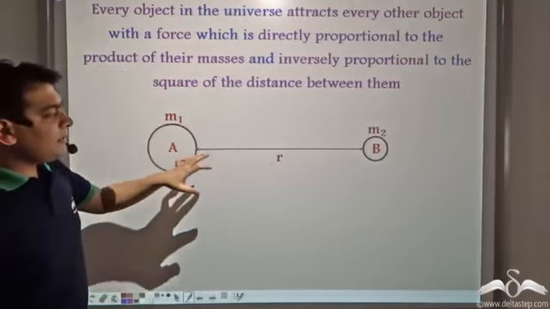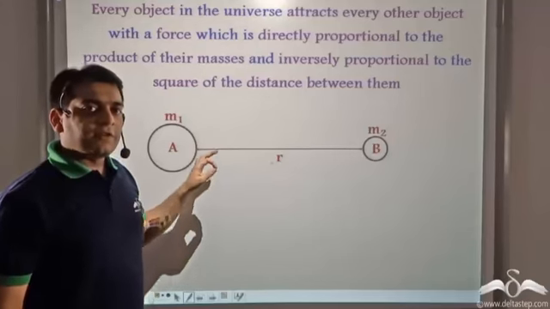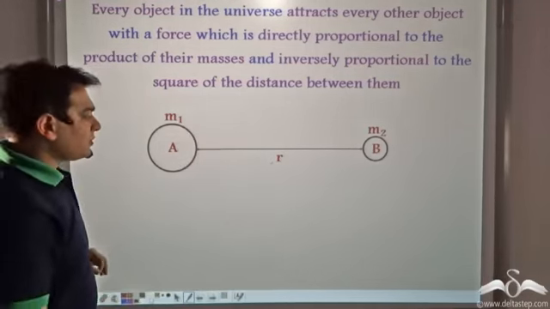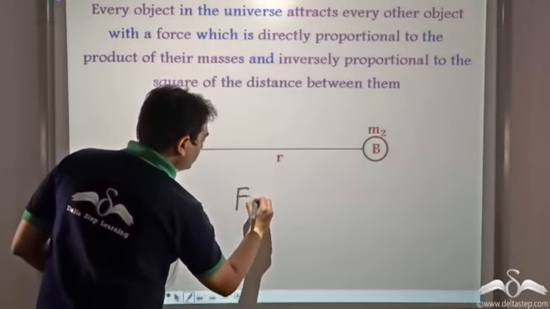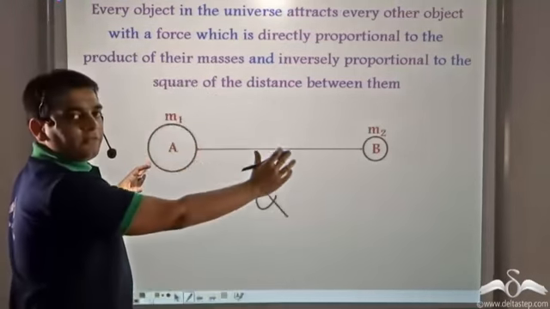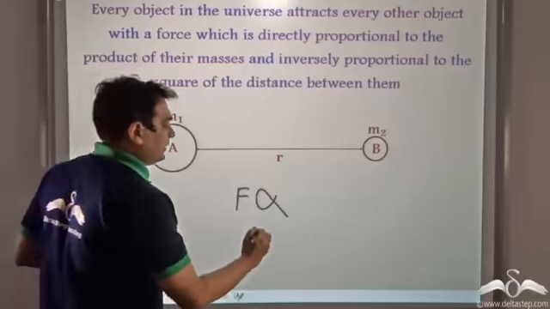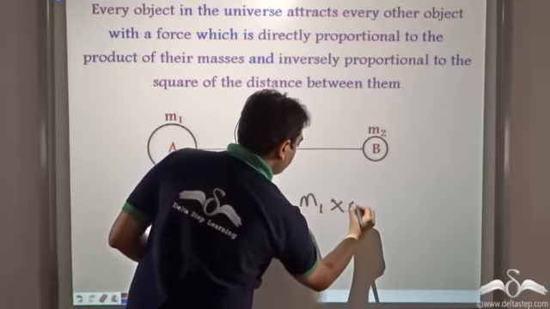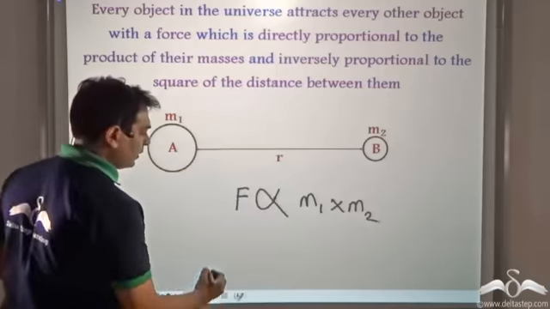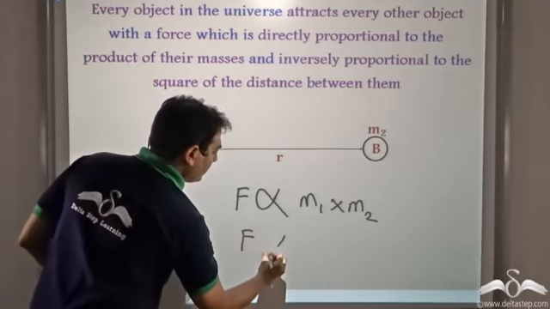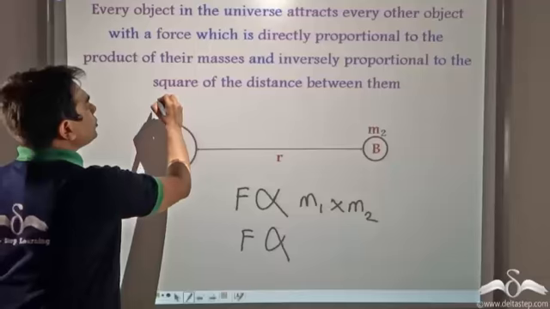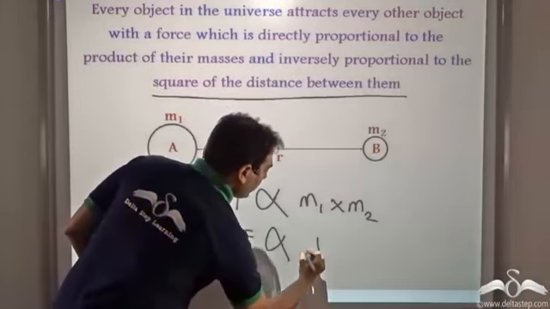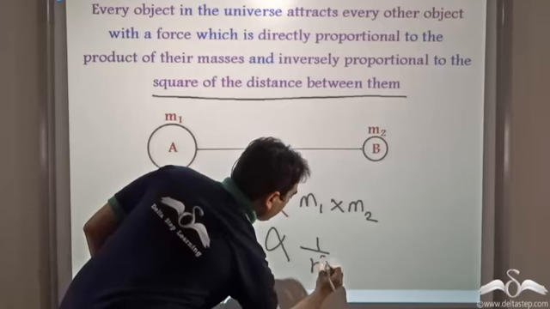Then A and B attract each other with a force known as the gravitational force, and this force is directly proportional to the product of the masses of A and B. That is m1 into m2. Further, F is inversely proportional to the square of the distance between them. That is 1 by r square.